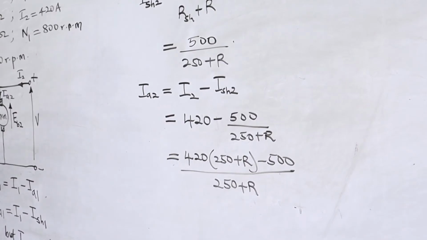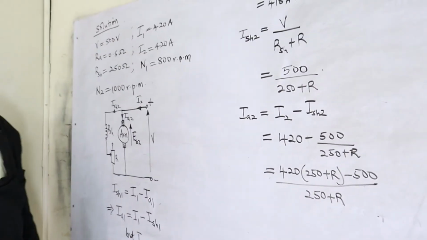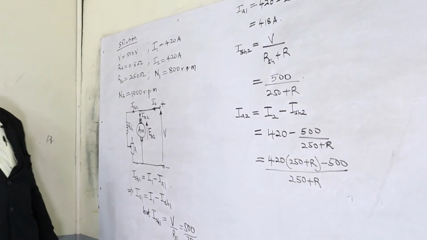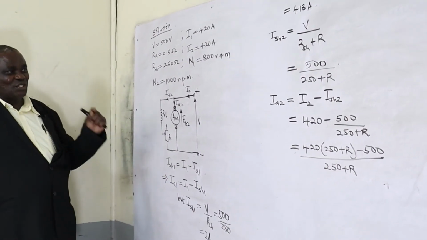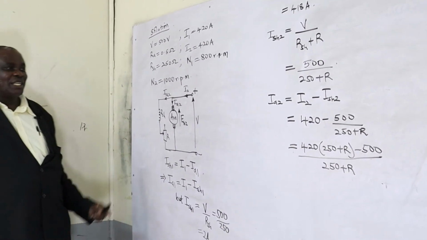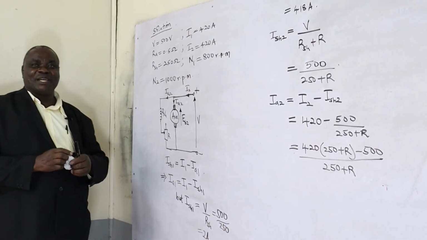Now IA2 ready, IA1 ready, I shunt 1 ready, I shunt 2 also ready. We need to get EB1 and then EB2 before we move to our speed equation.